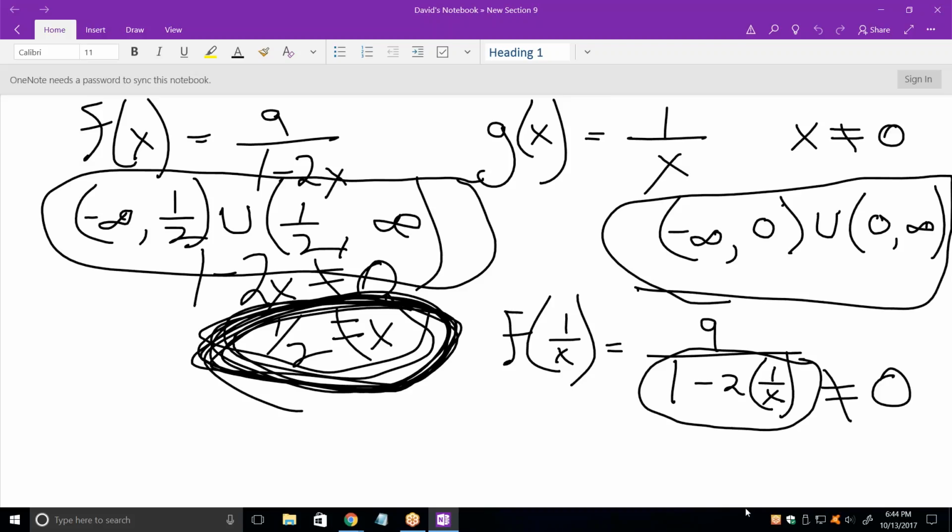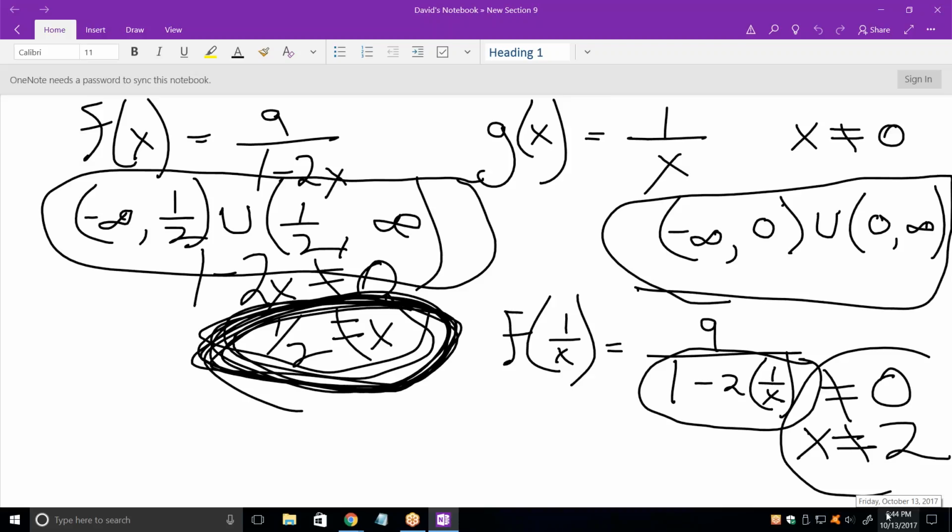But there's another number that's going to make this entire denominator 0, and that number is 2. If x is 2, then 2 times 1/2 is 1, and 1 minus 1 cancels out. So x also cannot be 2.